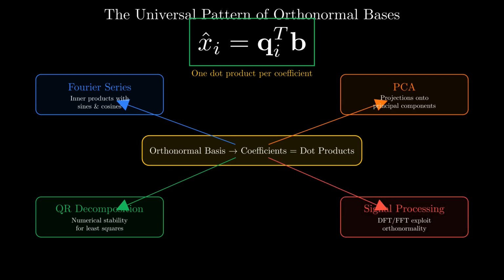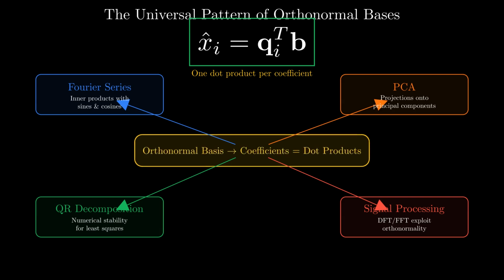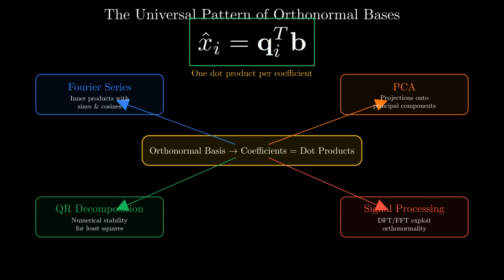Fourth, in signal processing, the discrete Fourier transform and fast Fourier transform exploit orthonormality to efficiently decompose signals. The entire FFT algorithm relies on the orthonormality of complex exponentials. The pattern is universal. Invest upfront in building an orthonormal basis, and every downstream computation, projections, least squares, coefficient extraction, becomes simple dot products.